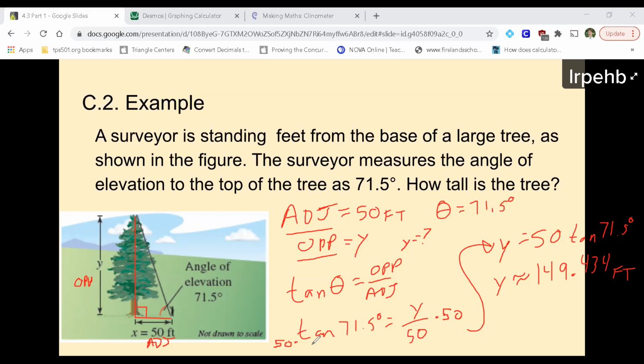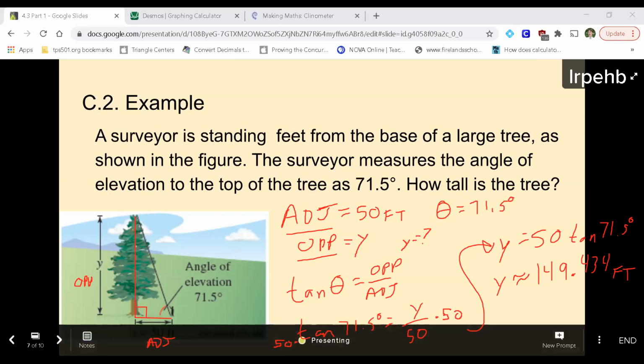If you did not actually type that in, you should try typing that in right now to make sure that, one, you know how to type it in, and two, that your calculator is giving you the right answer. I'm going to give you a minute. Type it in, actually do it, make sure your calculator is giving you the right answer.